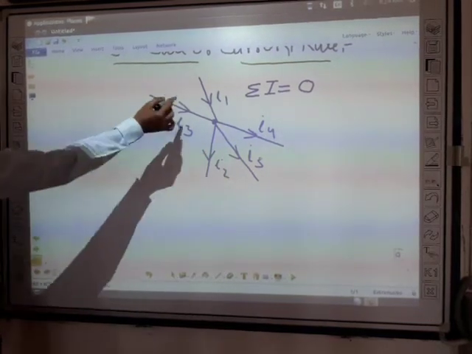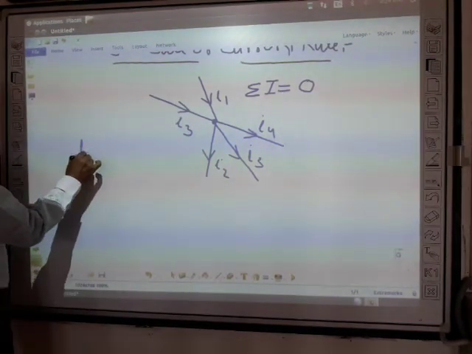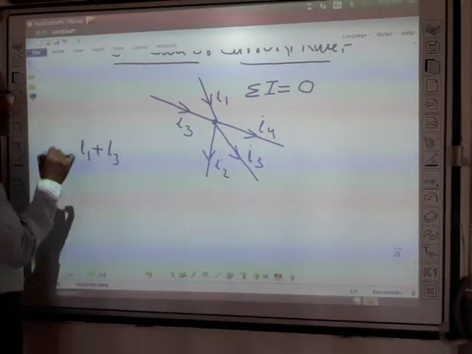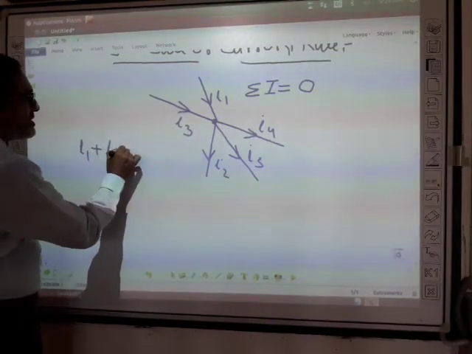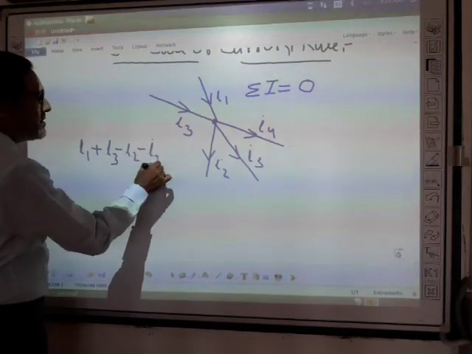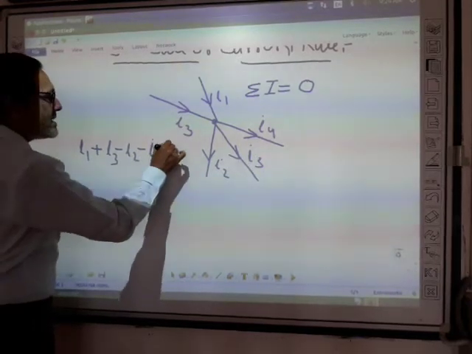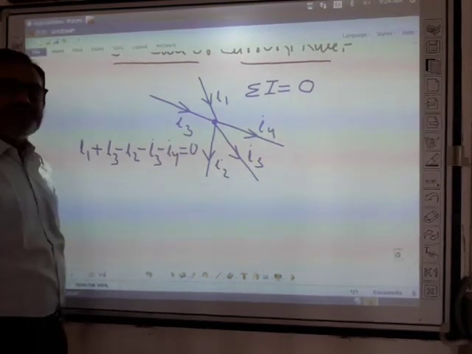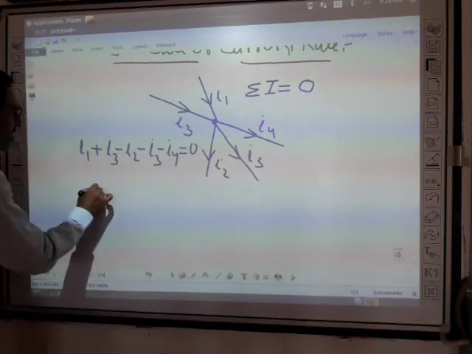So say I1 is coming, so plus I1, I3 is coming, plus I3, I2 is going, minus I2, I4 is going, minus I4, is equal to 0. Are you writing?